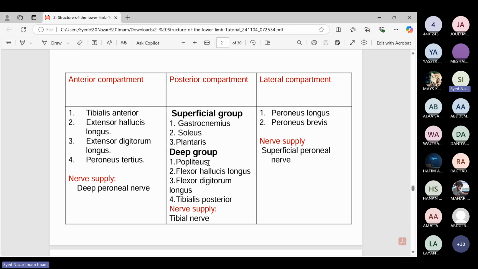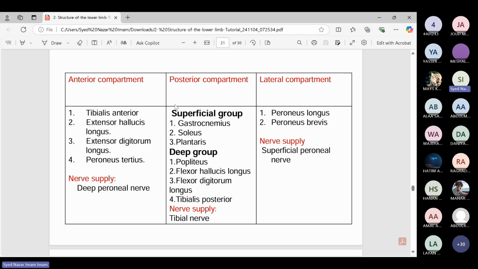It is not coming to the sole. These three muscles come to the sole, but this muscle does not. It is only in the upper part of the leg, around the posterior part of the knee, that we call popliteus. And for all these muscles of the posterior compartment, the nerve supply is by the tibial nerve.